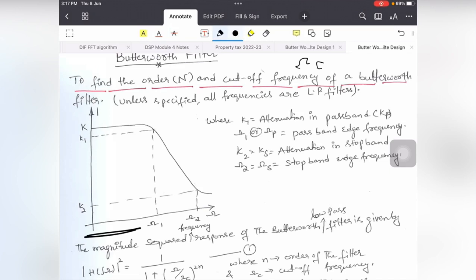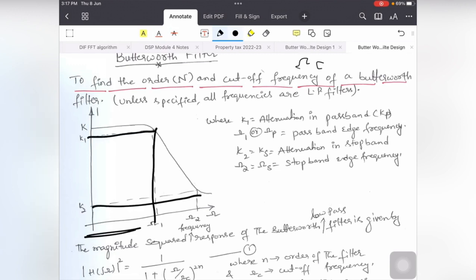One is analog frequency, which will be the pass band frequency as well as stop band frequency, as well as gain. Gain and frequency are the two important components required to design any filter. So before deriving the equation for n, we should write the magnitude squared response of the low pass Butterworth filter and mark all the specifications.